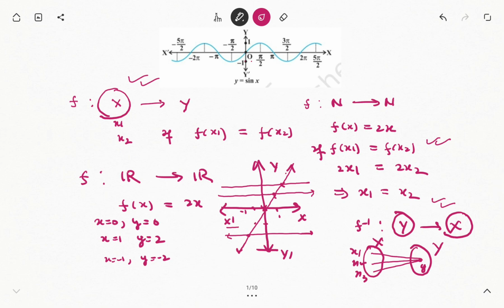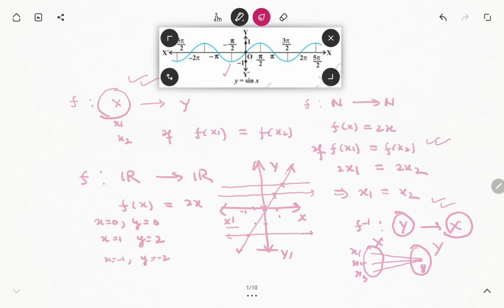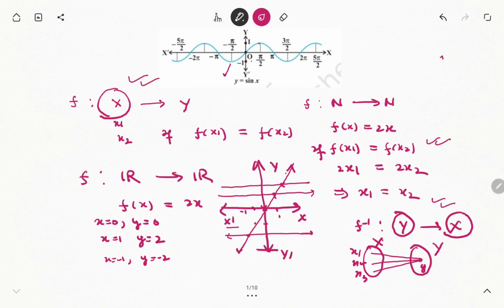So that's why, to define an inverse trigonometric function, we have to restrict the domain of the trigonometric function. Why? Now, if we restrict the domain of sine x, y equal to sine x, from minus pi by 2 from here to here, to pi by 2 here. Now see, this function is 1, 1. Why?